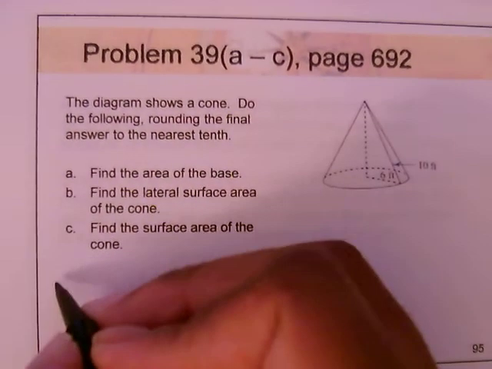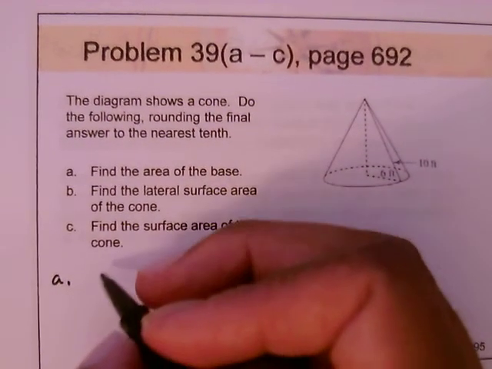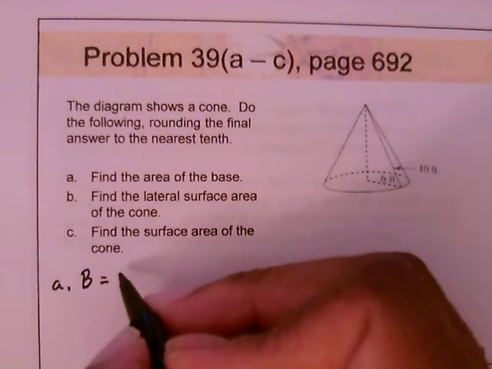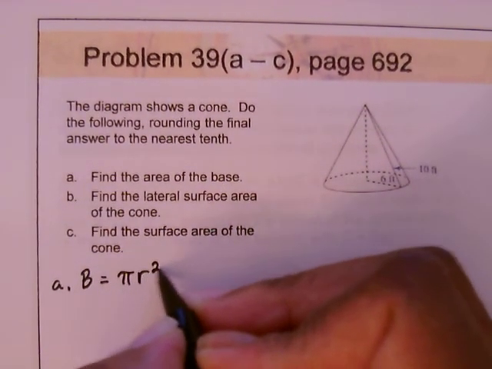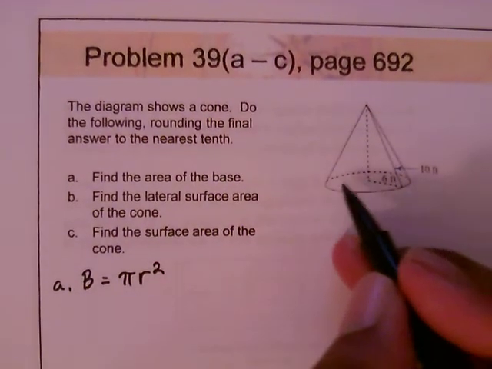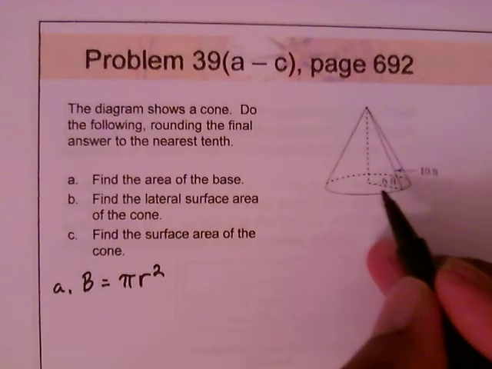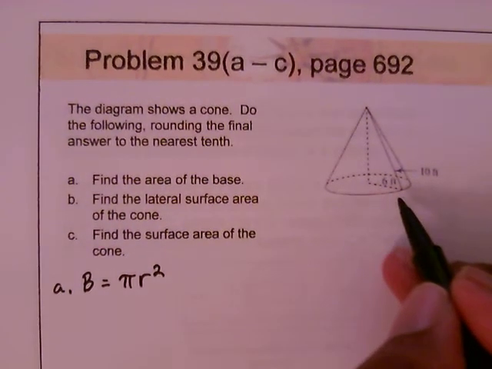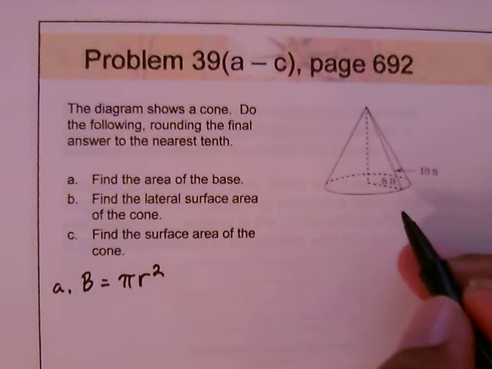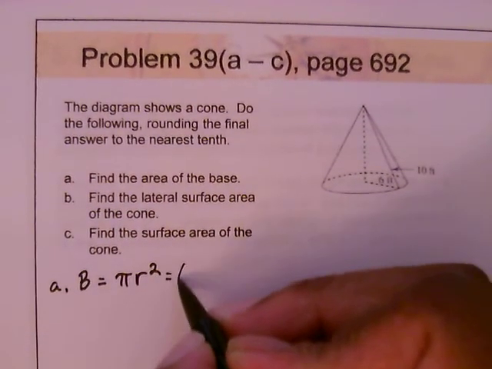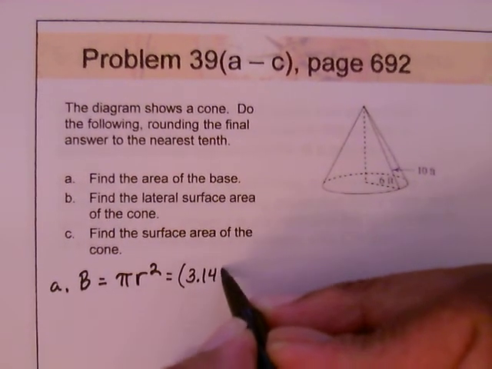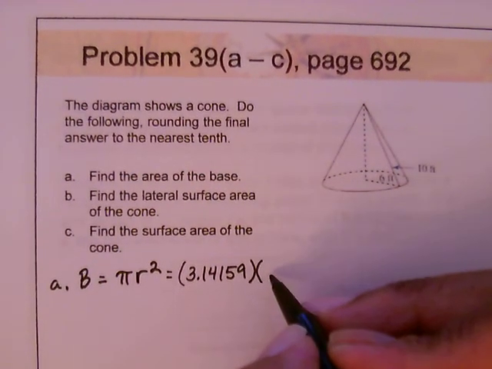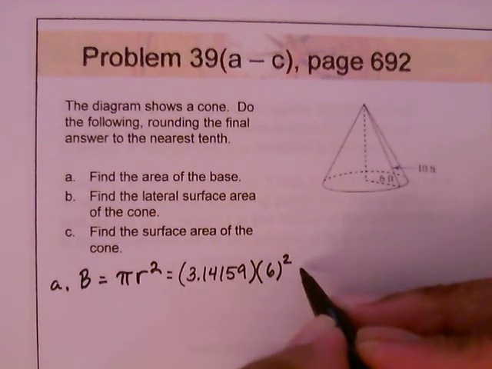So let's see, the area of the base, I'm going to do part A down here. The base is a circle, so the area of the circle is pi r squared. See, there's a circle right there, and we do have a radius of 6 feet. So I'm going to use 3.14159 multiplied by the radius, which is 6, squared.